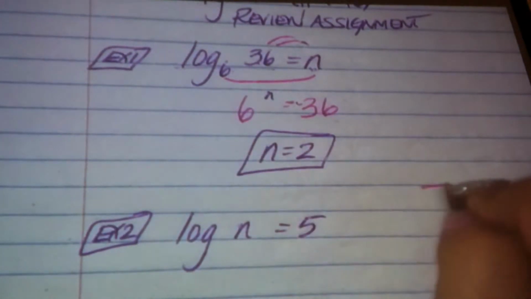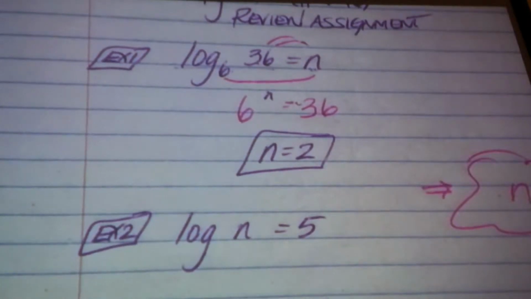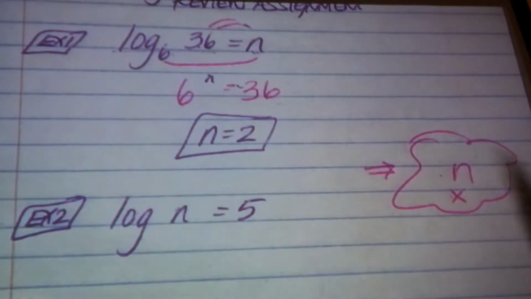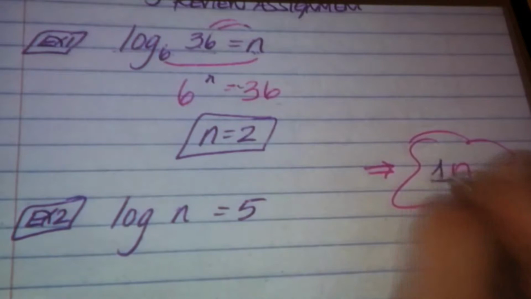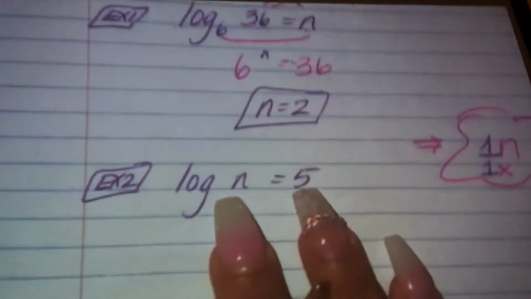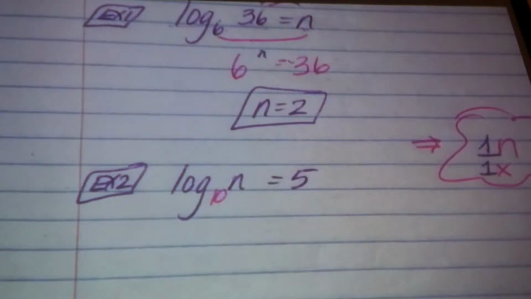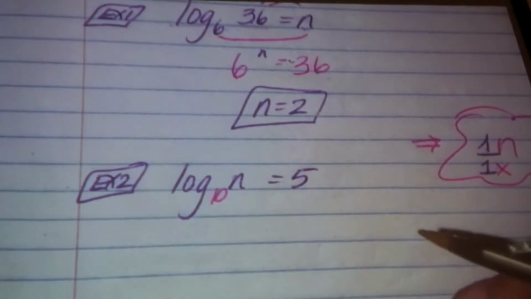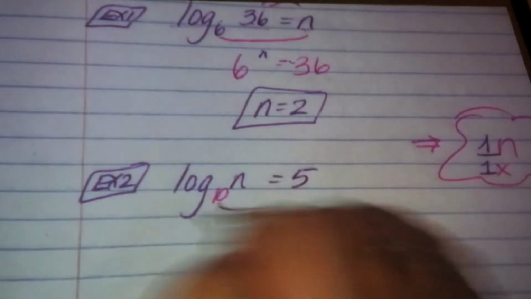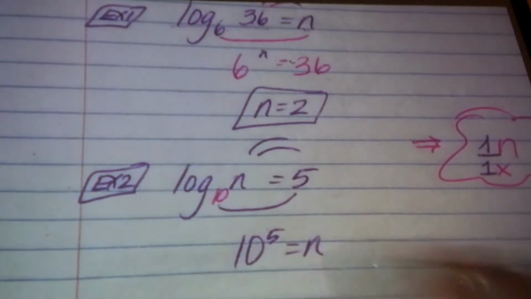It's kind of like back in Algebra 1, if I had an n or an x, I didn't have to write the number in front. It was just understood that it was 1n and 1x. Same thing for logs. What is that base if it's not written out? 10. So you're going to piggyback here, equaling here. So I have 10 to the 5th equaling n.